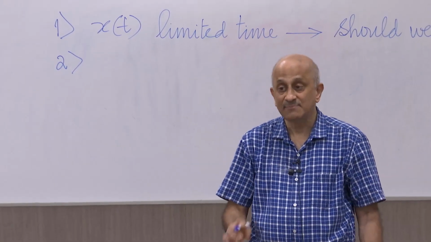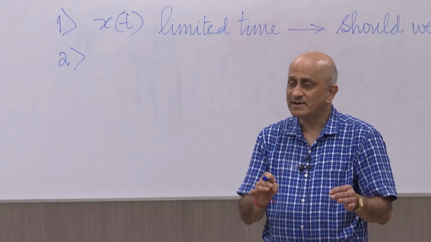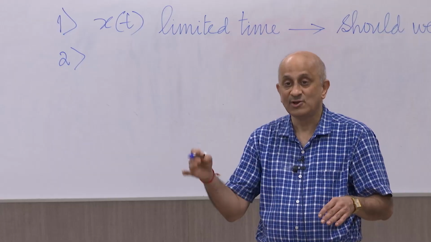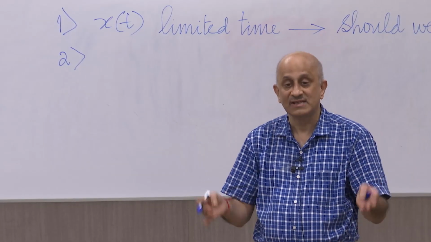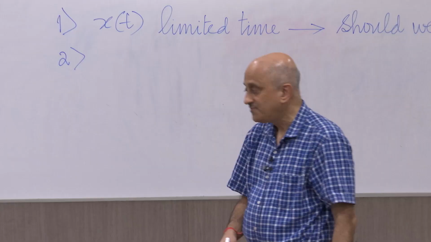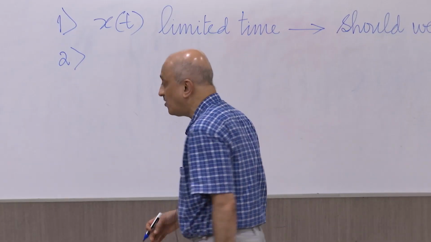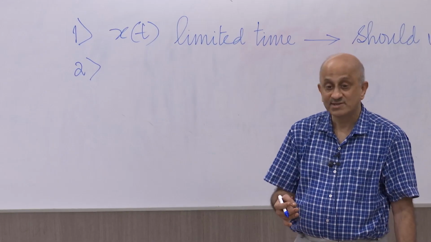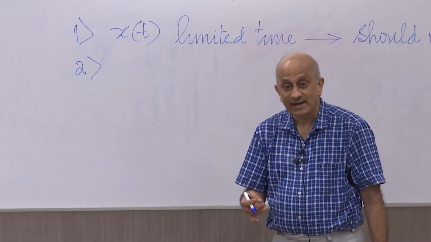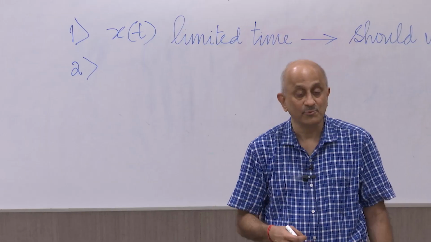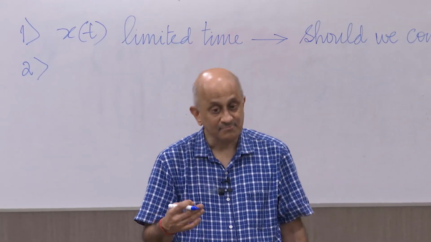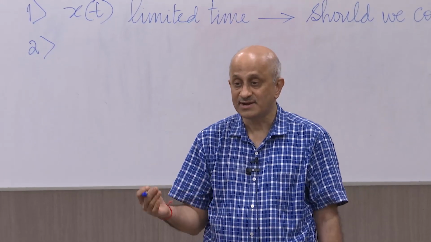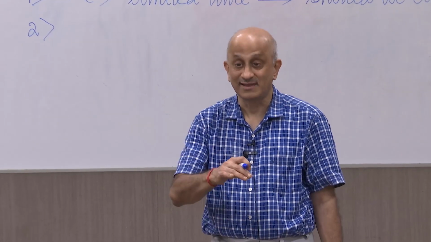But if a function is limited in time, then you can work with what is called its Fourier series, because you can make a periodic repetition and then confine yourself to one period. But if you're working with the Fourier transform, then you are limited in the scope of functions you can deal with, because all functions don't have a Fourier transform. Where a function has a Fourier transform, and the impulse response also has one, it means the system has a frequency response.